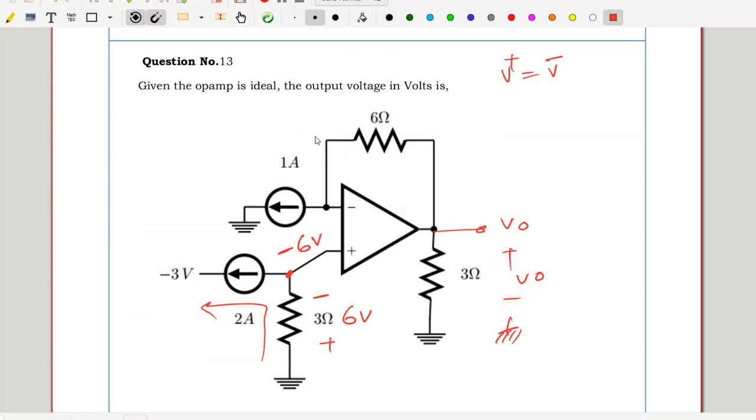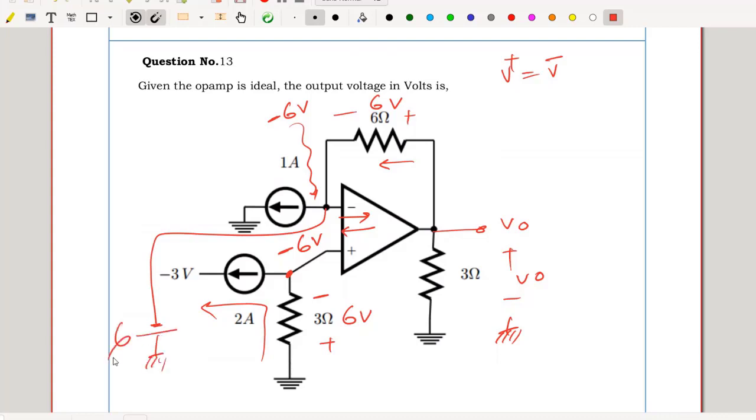V plus equal to V minus demands minus 6 volts at my V minus. 1 ampere circulates through this. There is no input current, there is no current from the op-amp, hence that 1 ampere flows through 6 ohm, develops a voltage of 6 volts in the given polarity. At V minus, I have minus 6 volts connected like this.